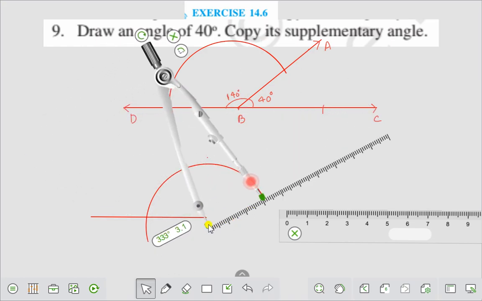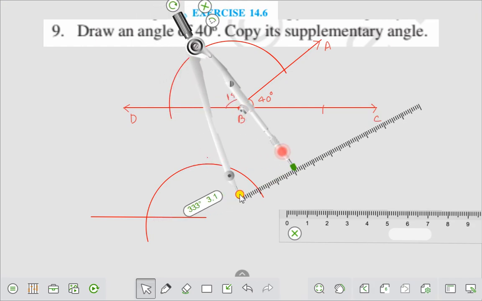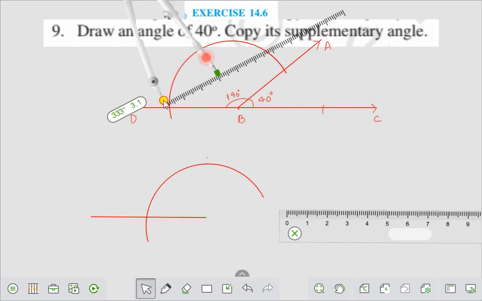Again, put the pointer at this point, and increase the length of this arc to meet at this point.